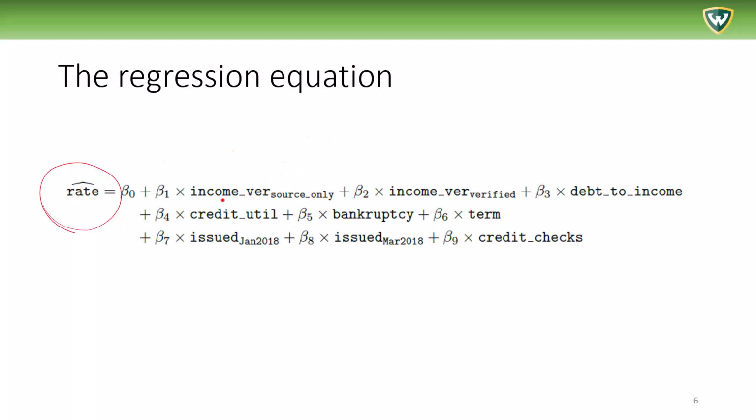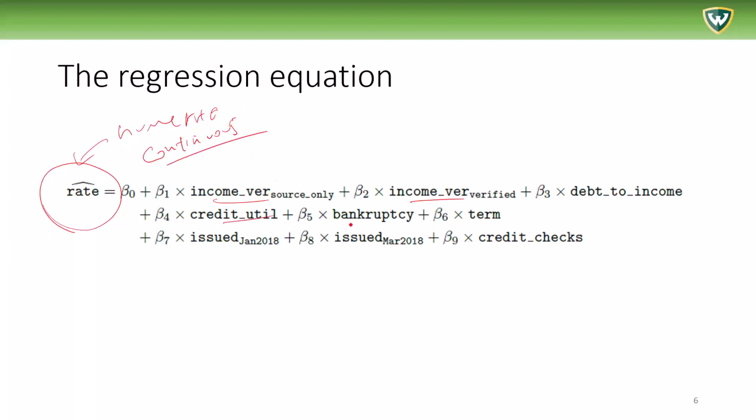And then we simply list all the variables that we think are associated with a higher or lesser interest rate. Note that this is numeric and continuous. And continuous means that you can have a decimal point. It's not just count or integer data. And for regular linear regression, this dependent variable needs to be continuous.